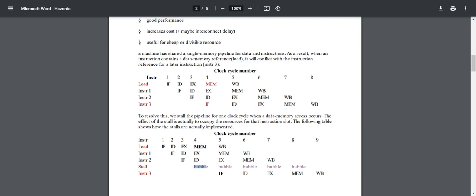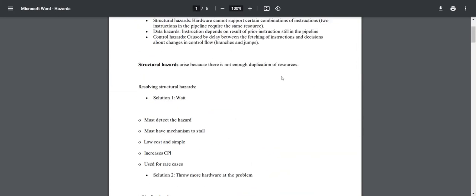We can see that now in the fourth clock cycle, the load instruction has done its memory operation peacefully. In the fifth clock cycle, you can fetch the next instruction, which is instruction 3, inside the CPU, and pipelining goes on. So this is a way of solving structure hazard.